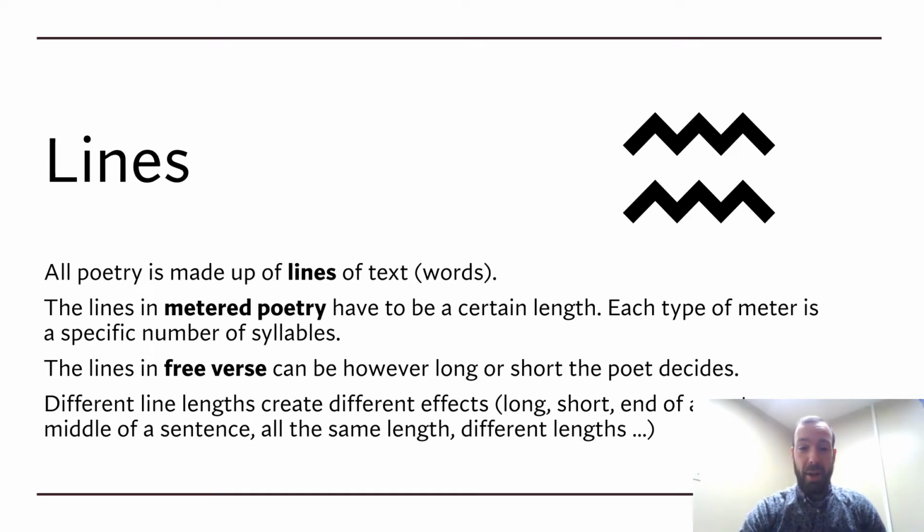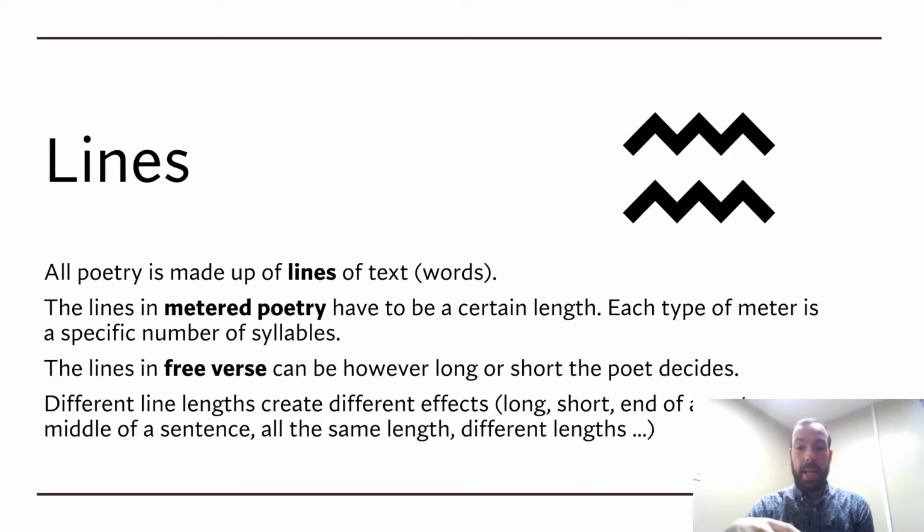Lines. All poetry is made up of lines of text, which is another word for words. So once we have our words, we have to figure out what kind of lines we want to put them in, how long or short the lines are, how many lines there are, where we put the spaces and the breaks, and a couple different main types of poetry.